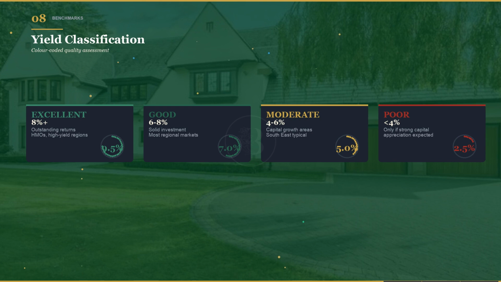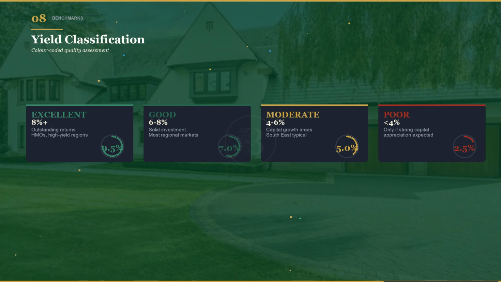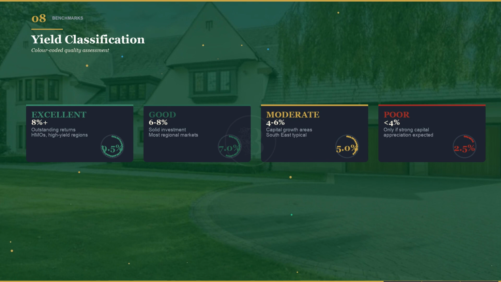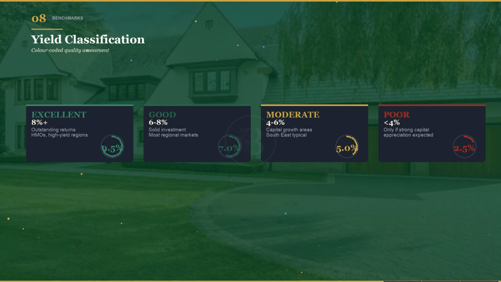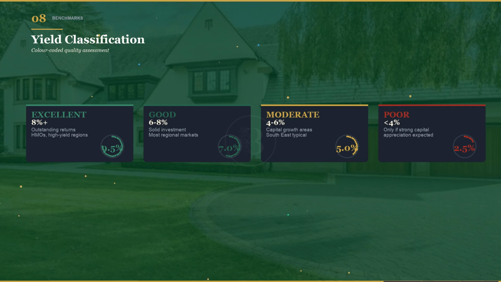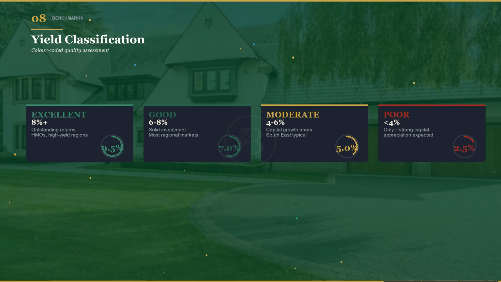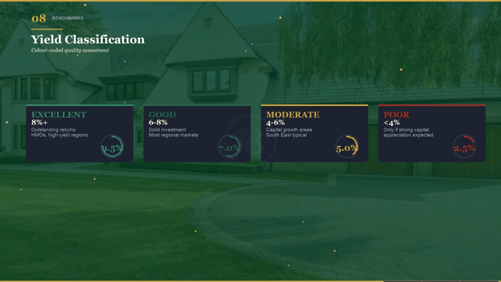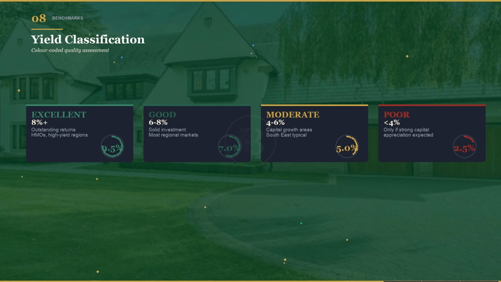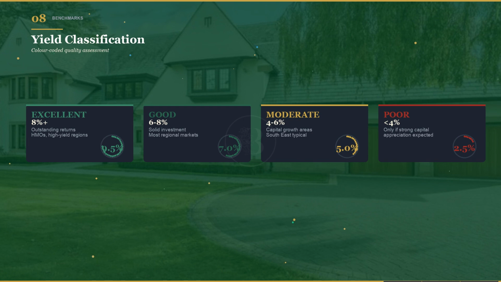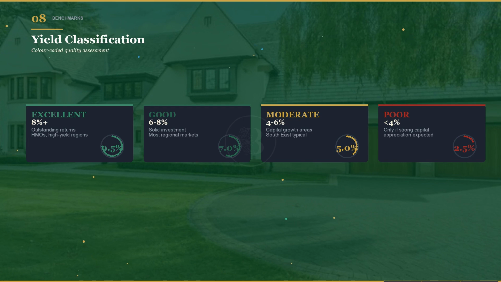How do you know if a yield is good? The calculator classifies every result using 4 benchmarks. Excellent, 8% or above, outstanding returns, typically HMOs or high-yield regional properties. Good, 6 to 8%, solid investment returns, achievable in most regional markets.